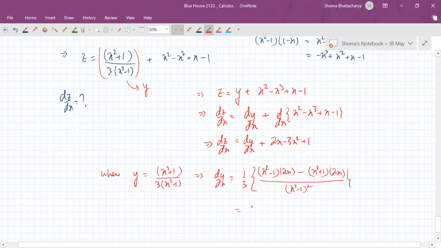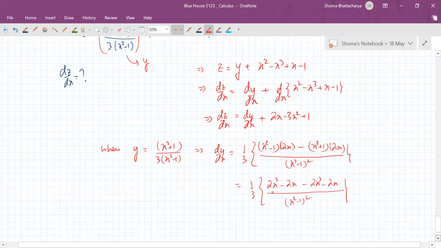So this kind of thing is just about patience, okay? Patience while solving this type of lengthy question. Or you could have just taken the 2x common in the numerator and you'd see that you'd get minus 2.